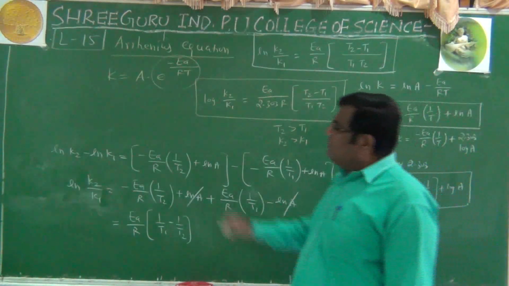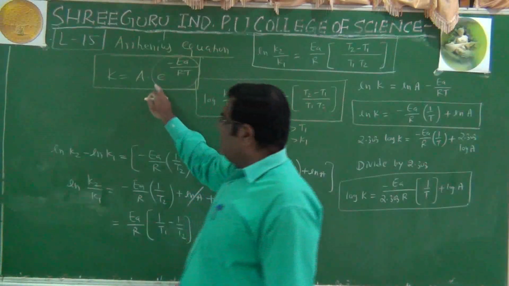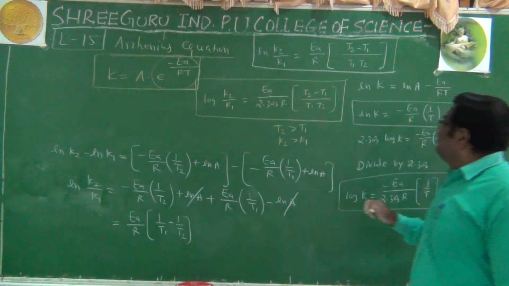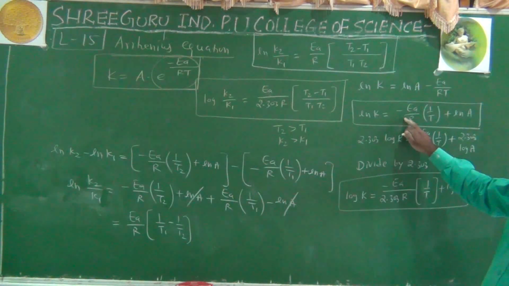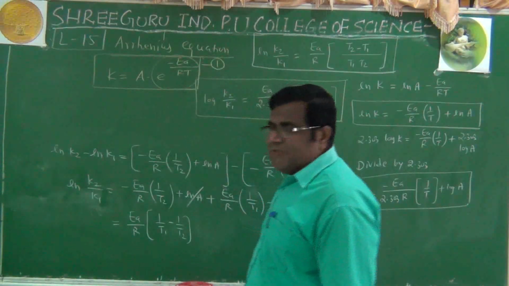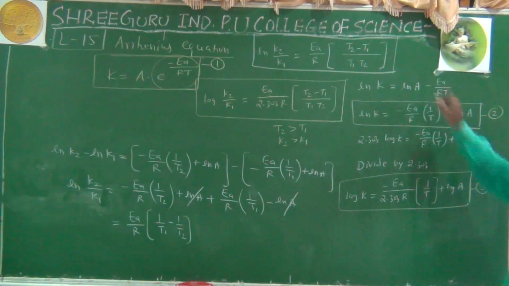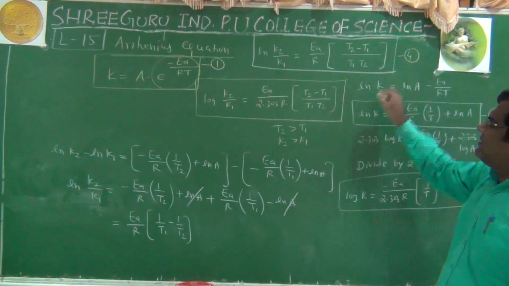So this is the first equation which you have to remember and understand what the various terms in it are. This is the second equation. If I number them like this, this is 1, because this equation only you have to remember. This equation 1, this equation 2, this equation 3, this equation 4, and this equation 5.